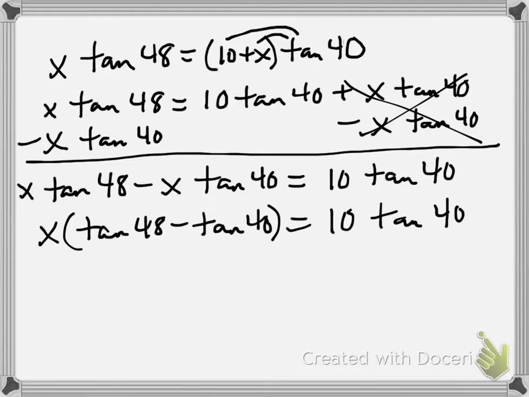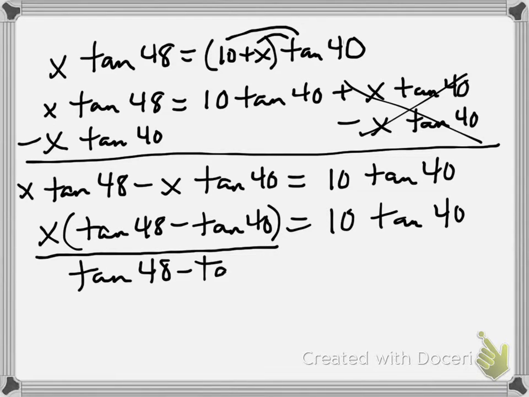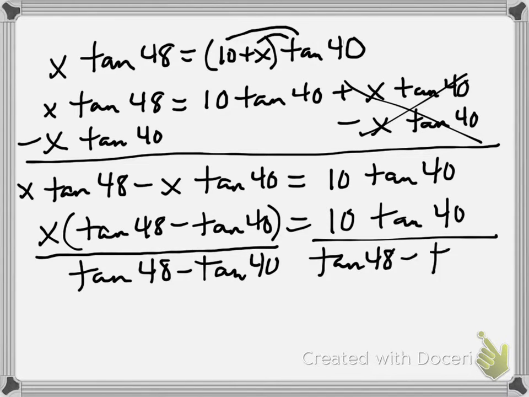Now, this is x times all that parenthesis. So if I wanted x by itself, couldn't I just take tan 48 minus tan 40 and divide that to both sides? I bet you we could. So those cancel. So x.